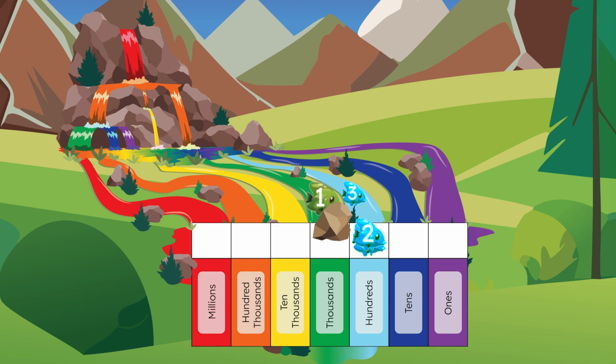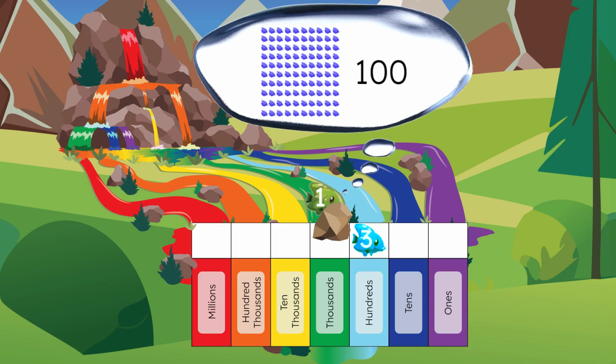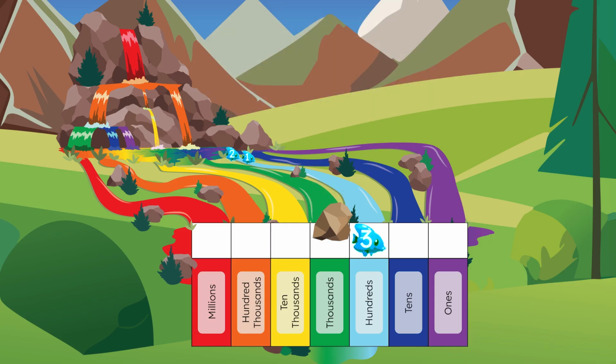These 300 fish can swim through no problem, but how will we get the 1,000 fish through the hundreds stream? Ooh, I know. We can break the 1,000 into groups of 100 and send them through. But how many groups of 100 are in 1,000? 10. So 300 plus 1,000 equals 1,300.